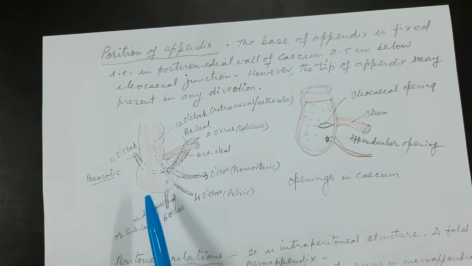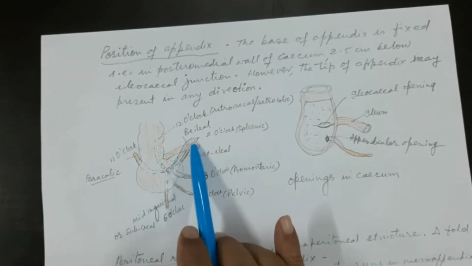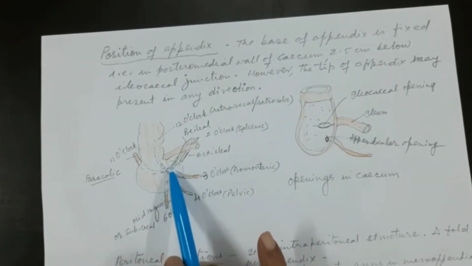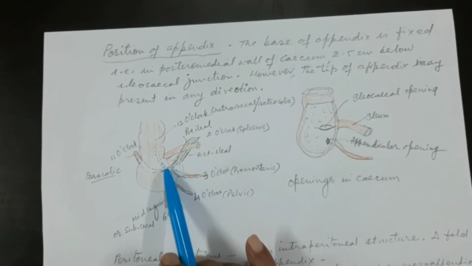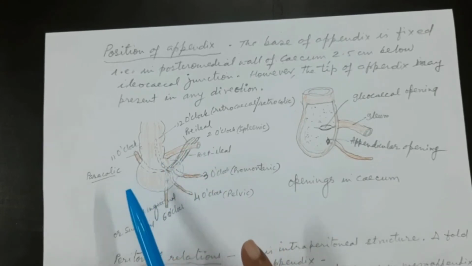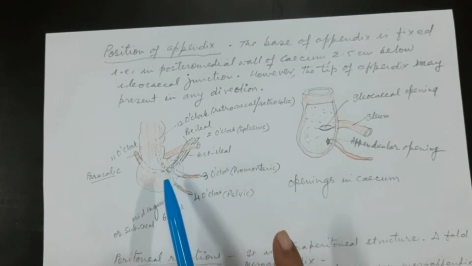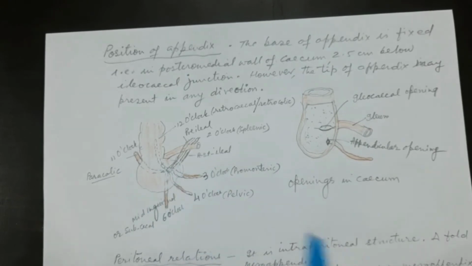This is the ascending colon, the cecum is here, ileum is here, and this is the base of the appendix on the posteromedial aspect of the cecum where this appendix is attached, and then the appendix may go in any direction, and some of the common directions are shown here.